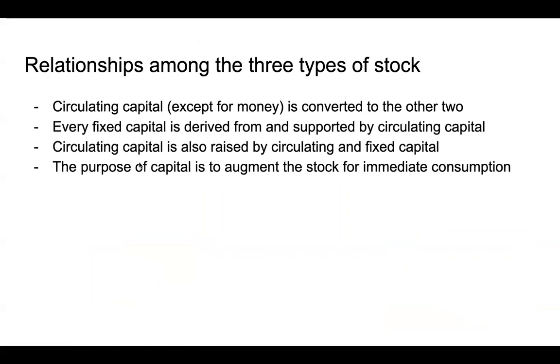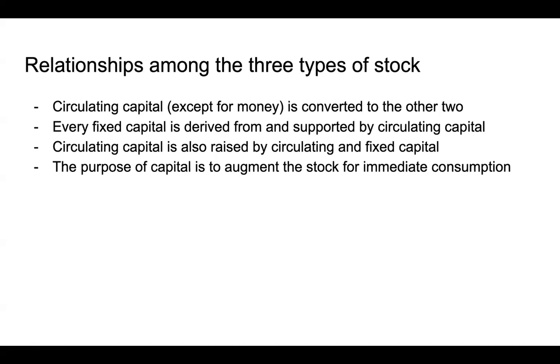And also, every fixed capital is derived from and supported by circulating capital, right? So, for example, a machine with all its different components, right? It's made up of these individual components, which were considered as circulating capital in the hands of the seller, being put together and created a machine, which is a fixed capital, right?